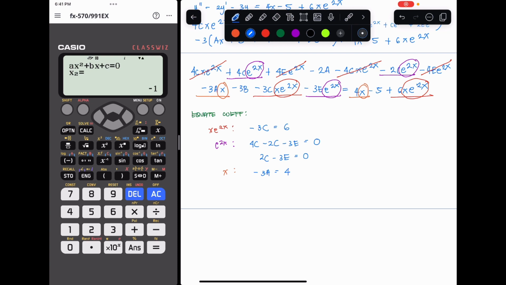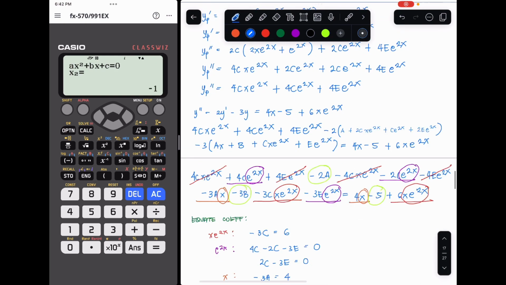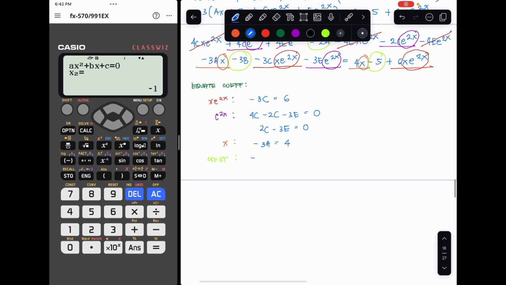And lastly, for constant, we have negative 2a and negative 3b and negative 5. So negative 2a minus 3b is equal to negative 5.